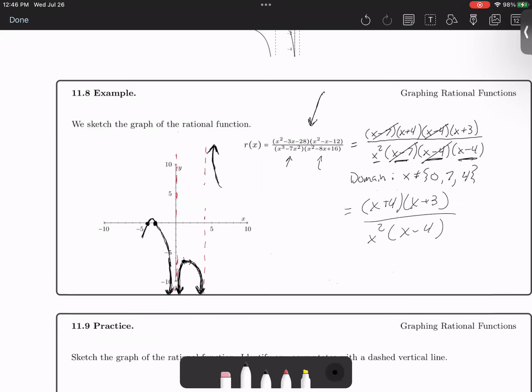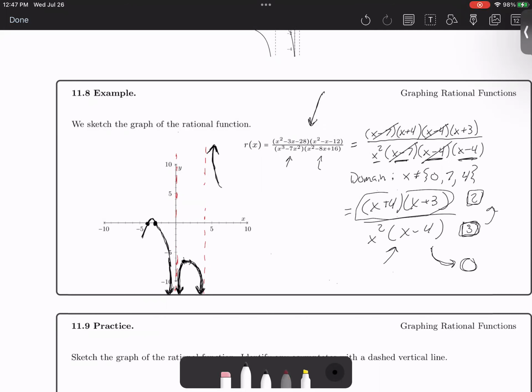So the end behavior of rational functions, just like for polynomials, is dependent upon the degree. So I have a second degree here in my numerator. I have a third degree in my denominator. So my denominator is more powerful than the numerator. This denominator is going to grow a lot faster than this numerator. So this function is going to get dragged down to 0.